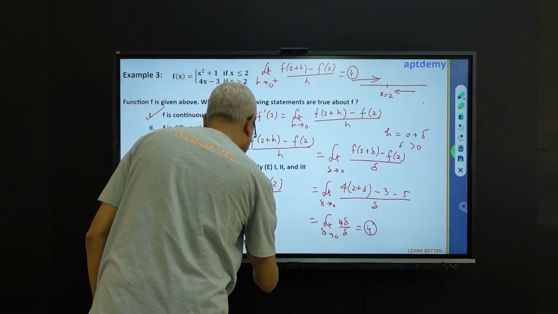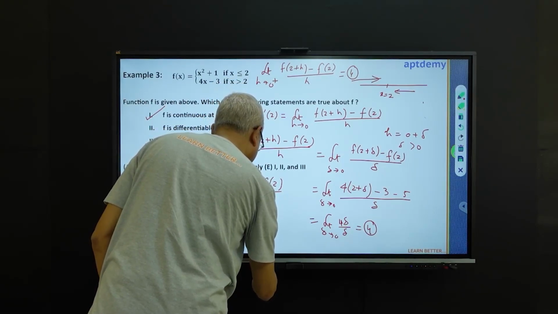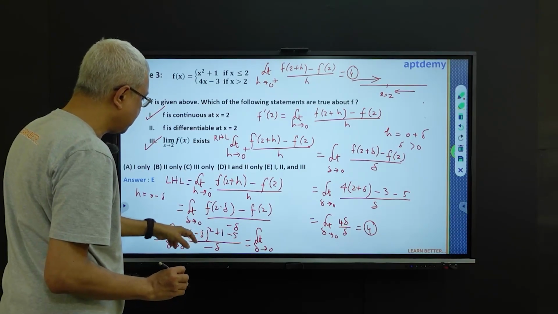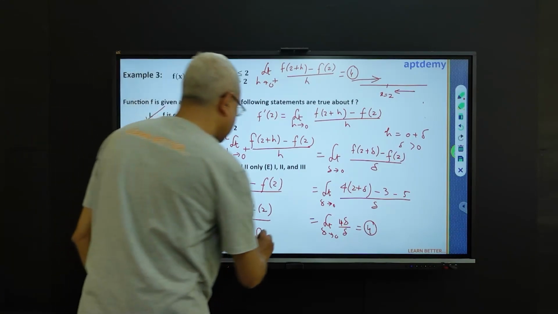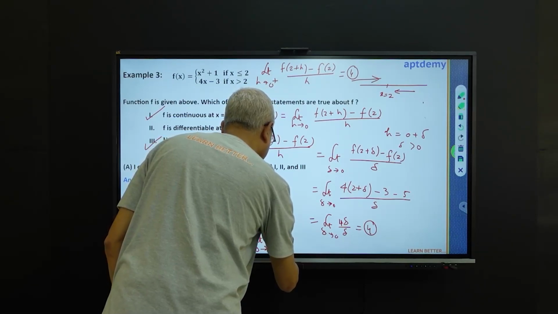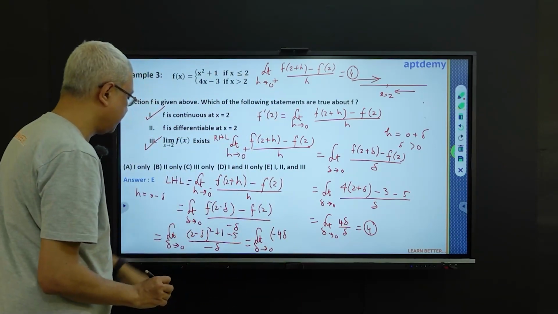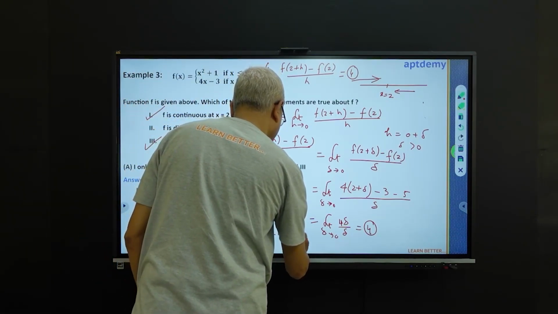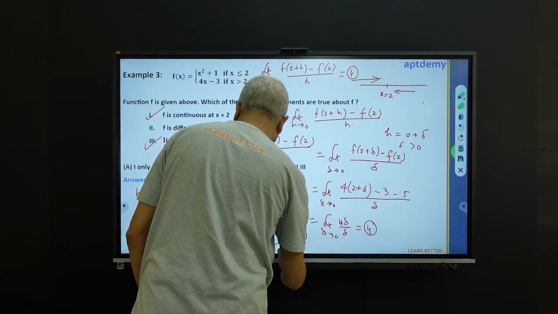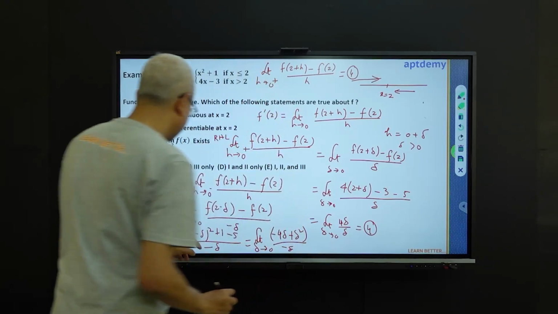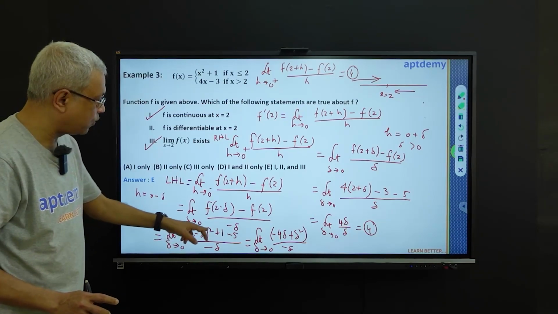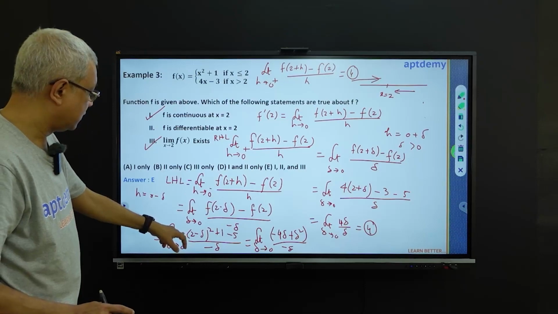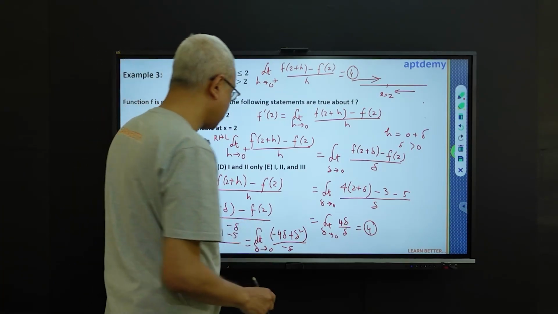So limit delta approaching 0, minus 4 delta plus delta square divided by negative of delta.